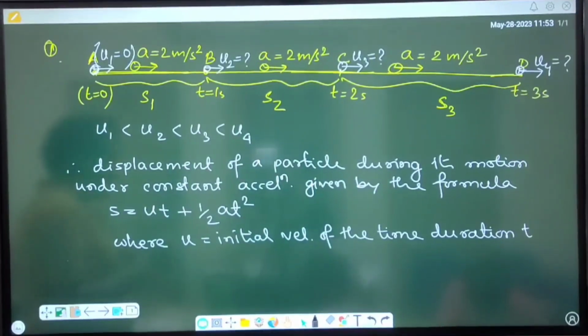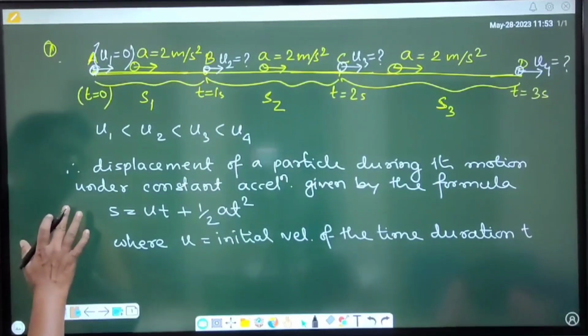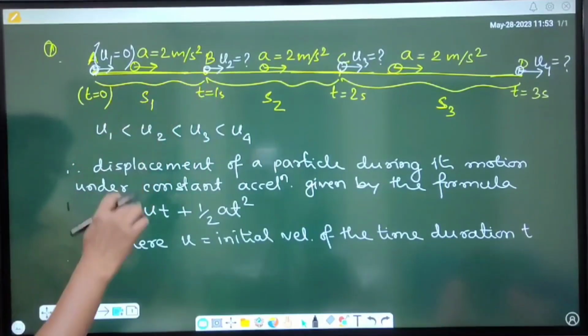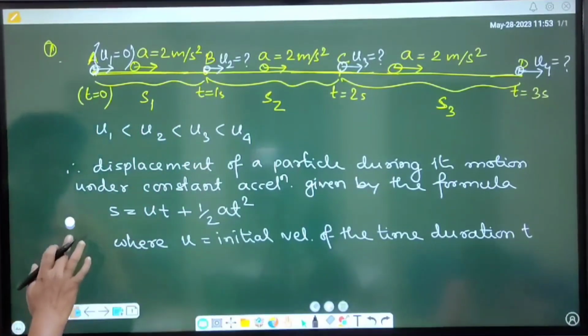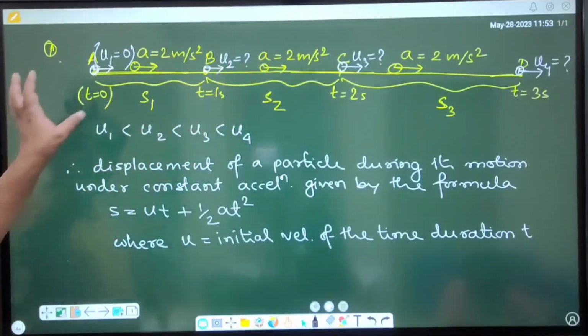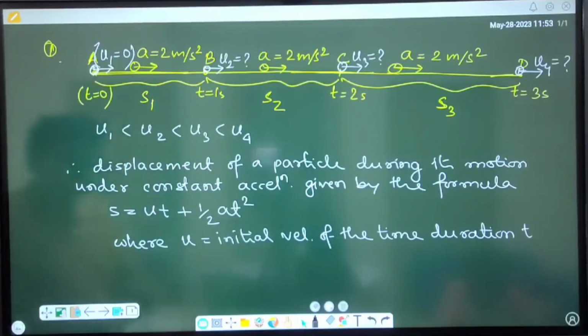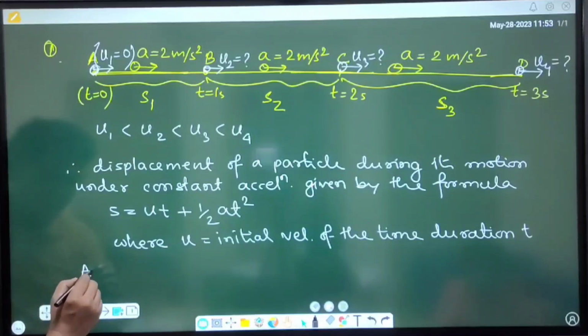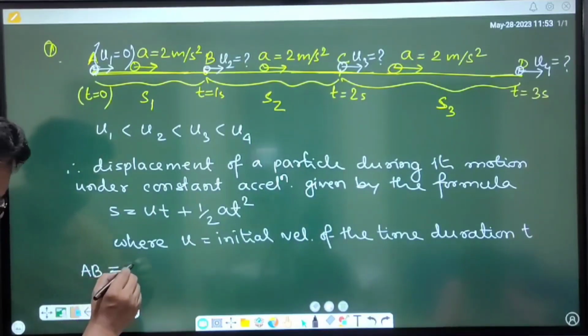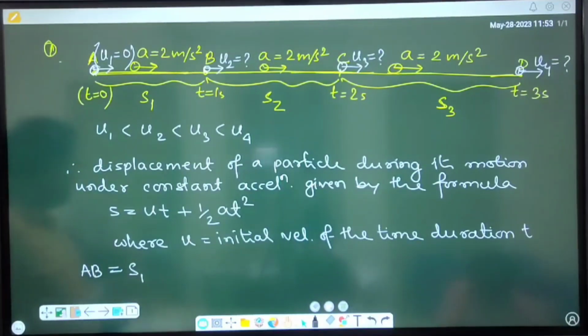Are you getting me? For example, according to the diagram, suppose I want to know the displacement AB, which I have shown with S1. In the journey of AB, the initial position is which one? A. B is the final position of the journey, A to B, yes or no?